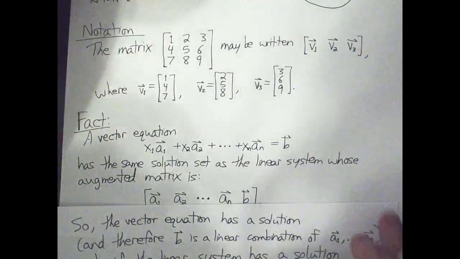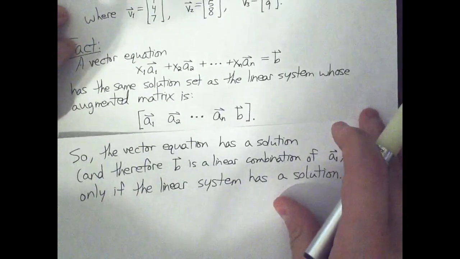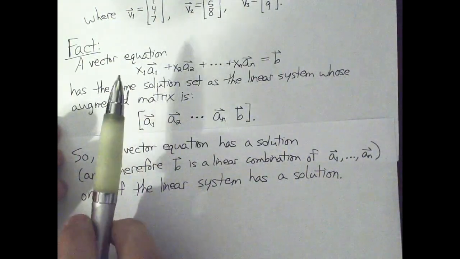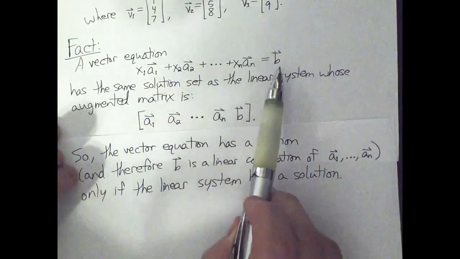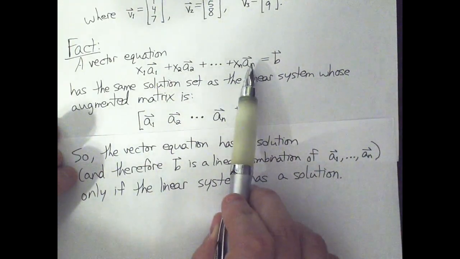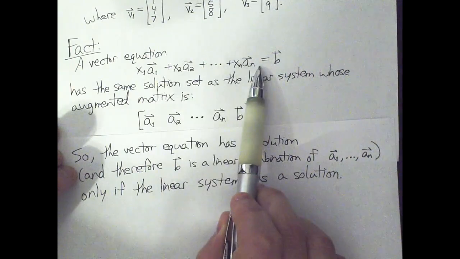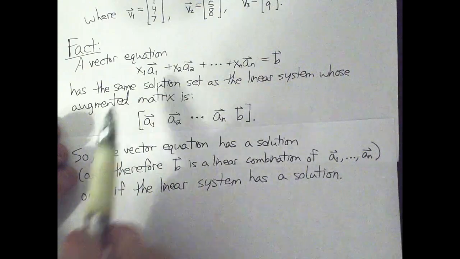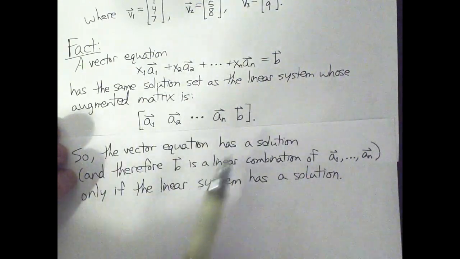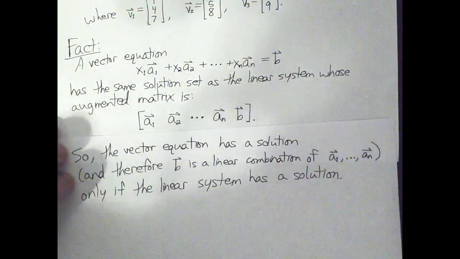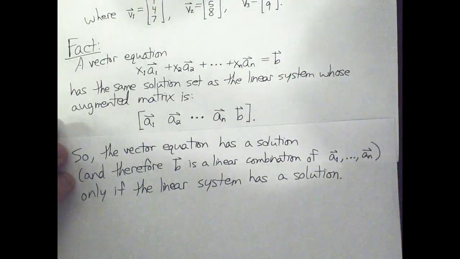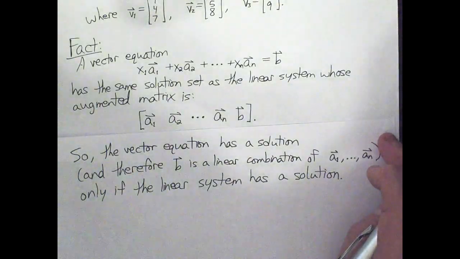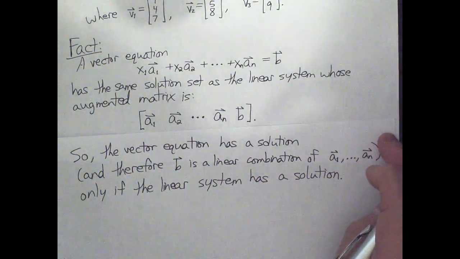Now let's look at the fact again. A vector equation, kind of like the one we started with. This is like saying B is a linear combination of the A's if this augmented matrix system has a solution. And we know that not every system has a solution. So that means not every linear combination that you try to set up is going to work.